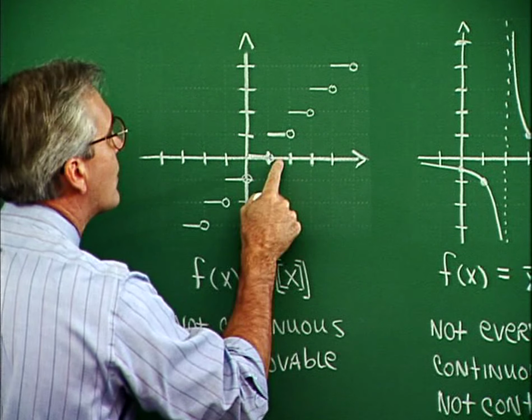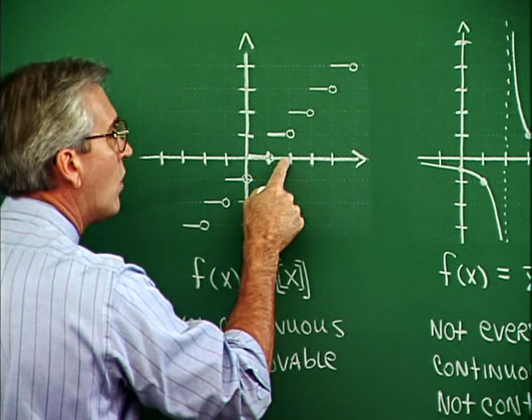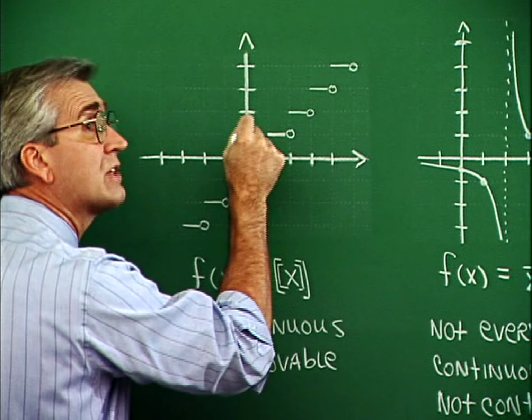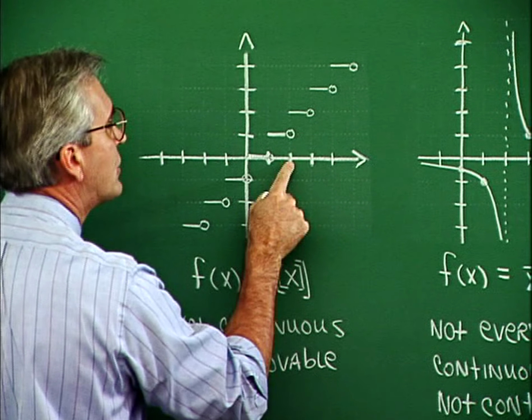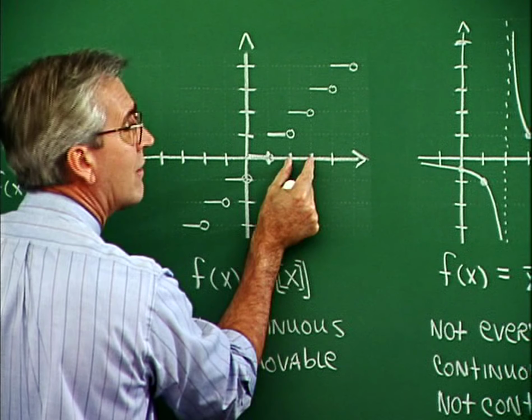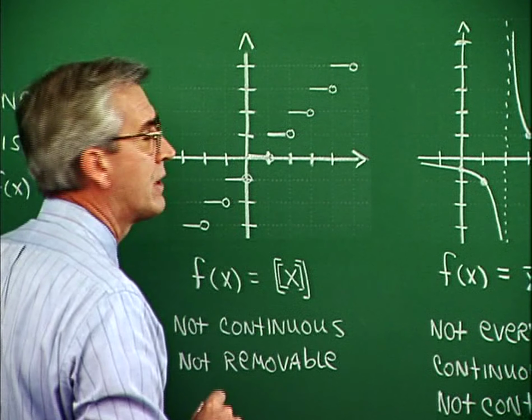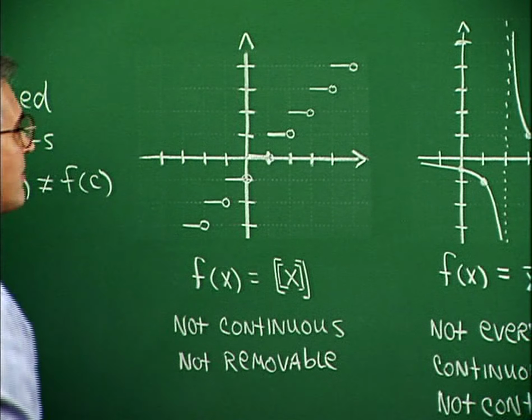You see, so that's why f of 1.5 is 1. F of 1.75 is 1, the greatest integer in that number. And then when we hit 2, the greatest integer in 2, we jump up to 2, you see. And for all the numbers in that interval, f of those values would be up here at 2. So it looks like this. And no wonder it's called a step function.